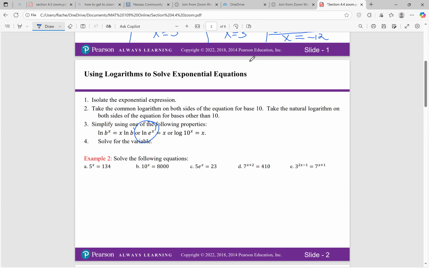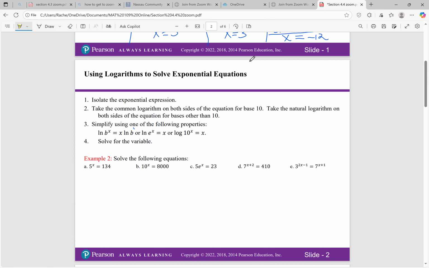And the log of 10 to the x is also going to be equal to x, and that's because the log of 10 is equal to 1. And I'll talk about that in a minute when we get there. And then we're able to solve for the variable.